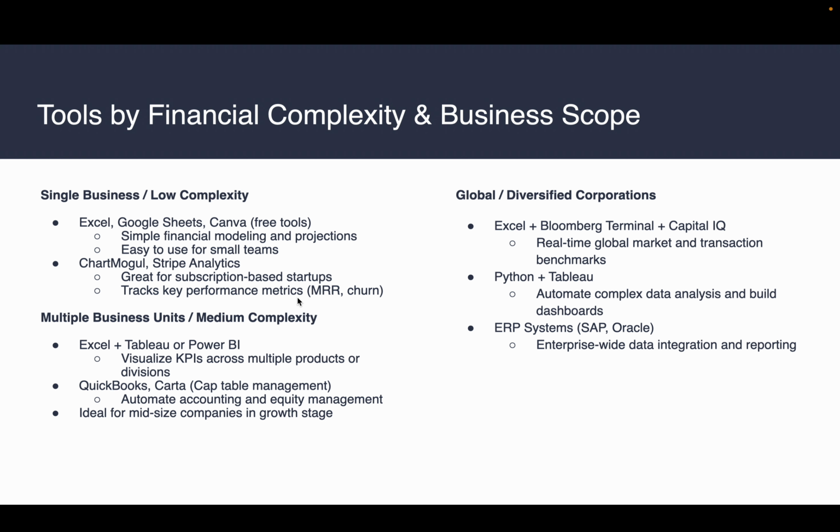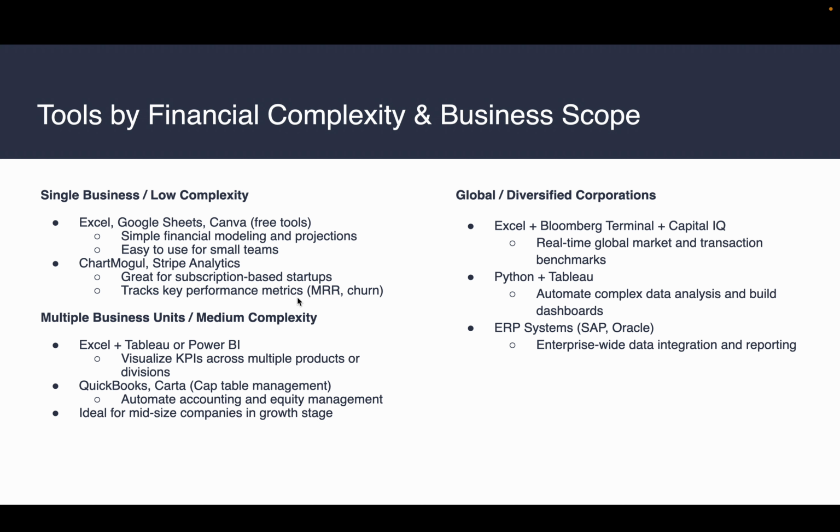Let's dive deeper into tool selection based on business complexity and scope. For single businesses with low complexity, simple tools like Excel, Google Sheets, or Canva suffice for financial modeling and visual reporting.